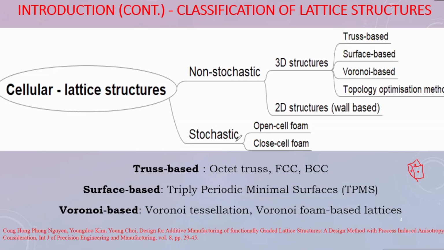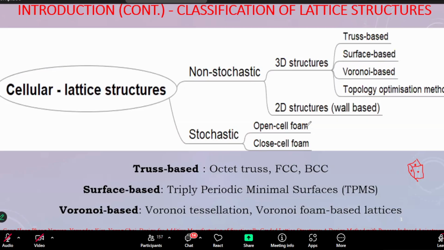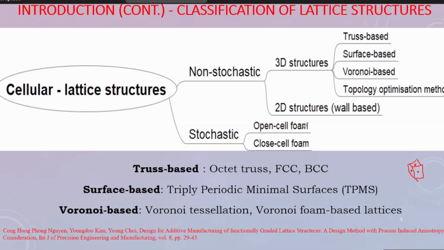And we have these stochastic lattice structures, which are open cell and closed cell form. Open cell form means an irregular shaped structure, where the surface is not closed.